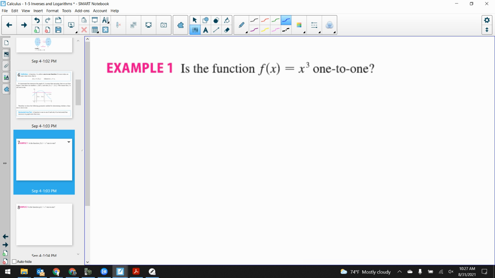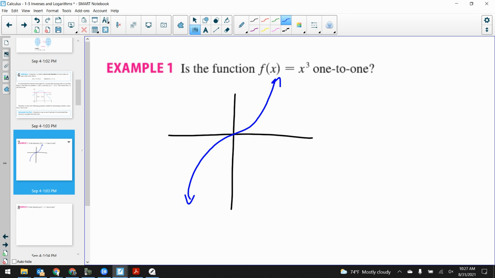Is the function f of x equals x to the third one-to-one? Let's sketch it real quick. Okay, let's think about the parent cubic function. This is generally what it looks like, right? First off, that is a function because it passes the vertical line test. Does this pass the horizontal line test as well? Yes. It not only passes the vertical line test, but it also passes the horizontal line test.